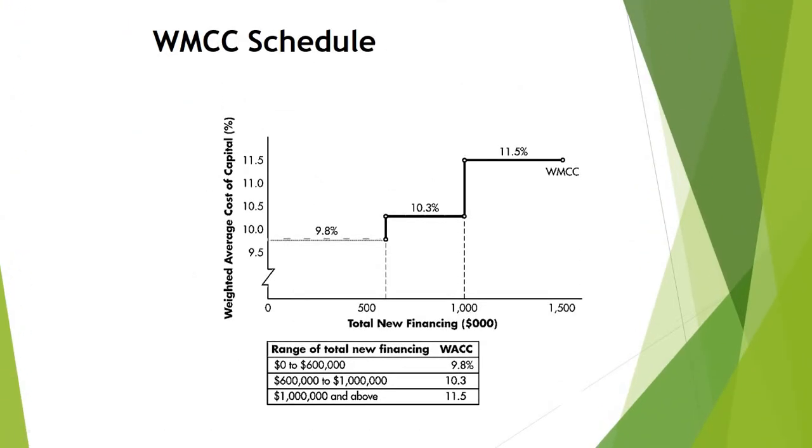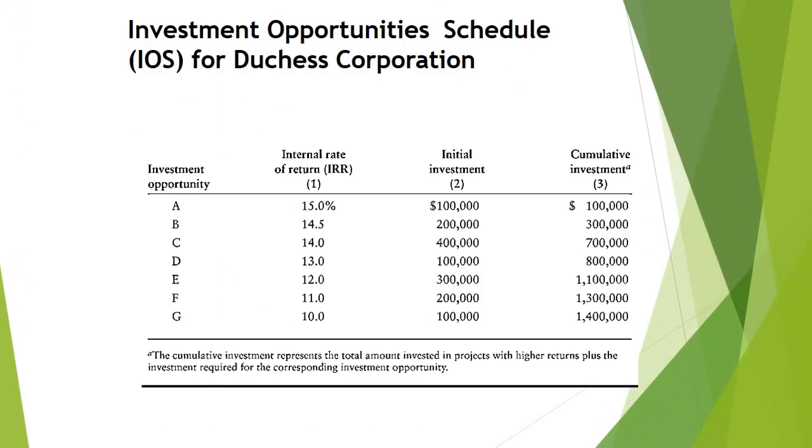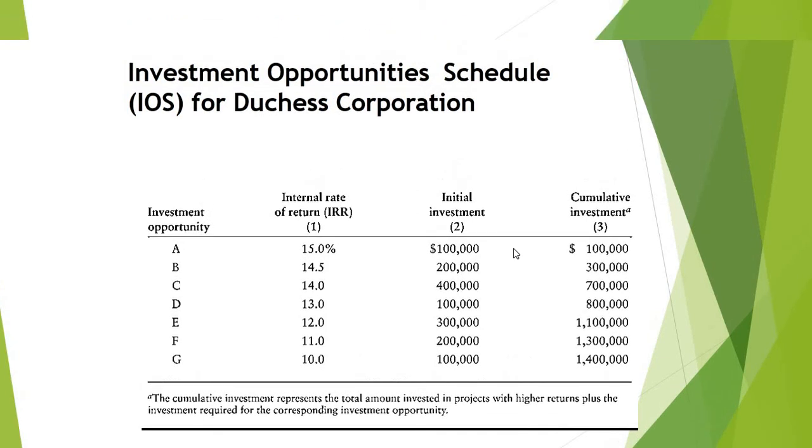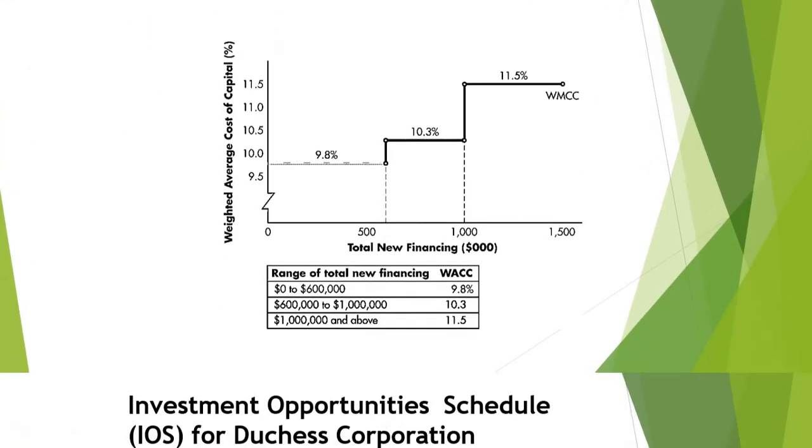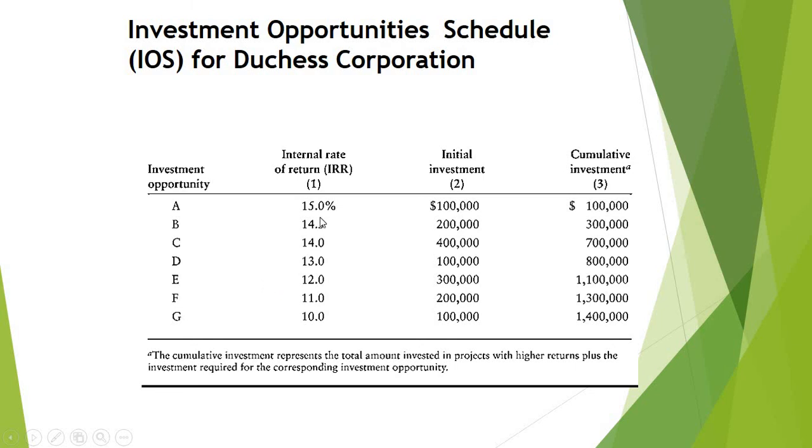The firm can accept projects A, B, C, D, E, because if the firm accepts all these projects, its total investment will be $1.1 million.